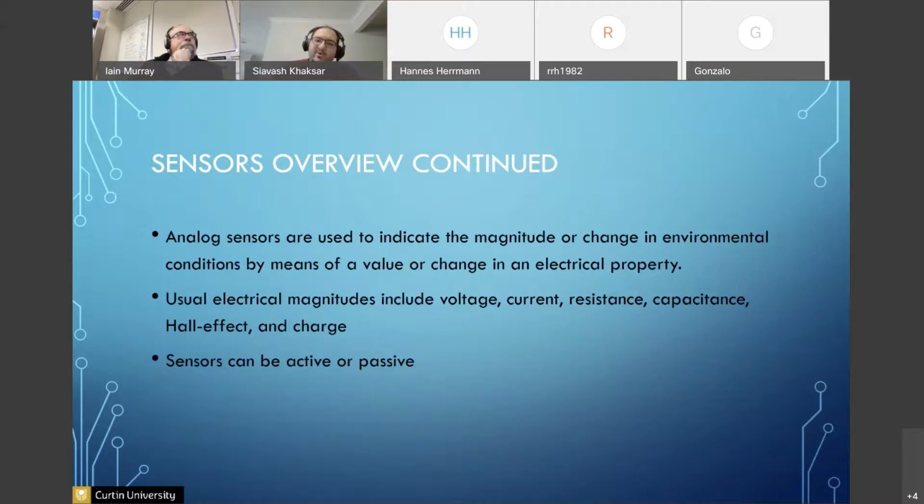If you're talking about passive sensors, it's usually a change in resistance or capacitance that we're calculating. So when we're talking about raw sensor data, that's the electronic change that we're measuring, and then we look at the data sheet and convert those changes to real life values, say temperature or pressure.